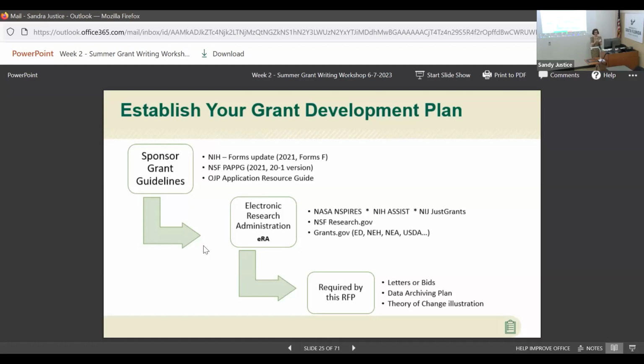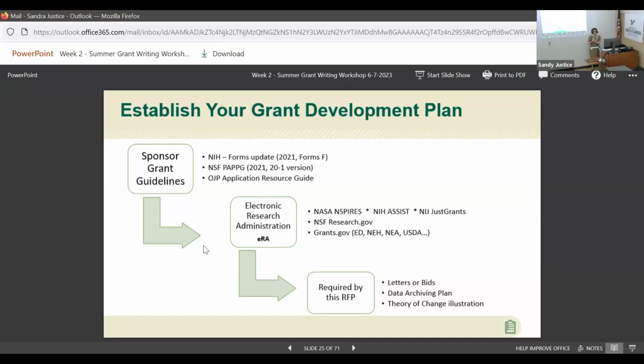So you'll want to know what the ERA system is. I put it there, ERA, because when you're talking to a research administrator, they will ask you, so have you got a profile in the ERA? It's like, what's an ERA? It's an electronic research administration system, right?